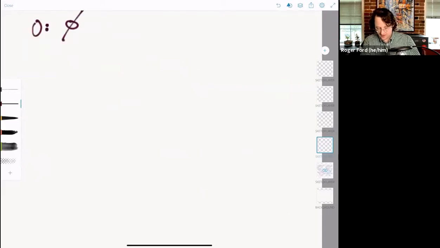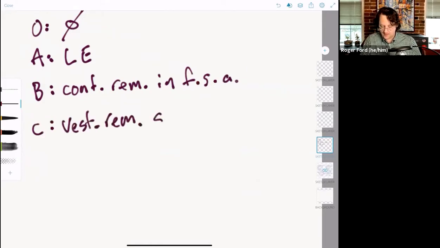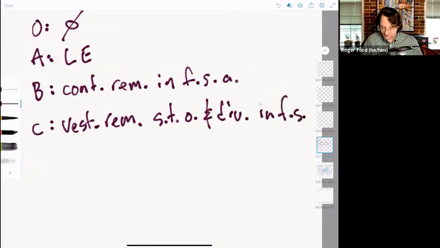O has nothing. A has a life estate. B has a contingent remainder in fee simple absolute. C has a vested remainder subject to open and subject to divestment in fee simple.